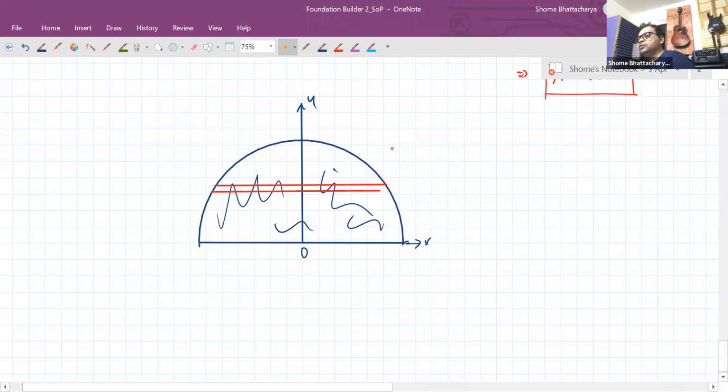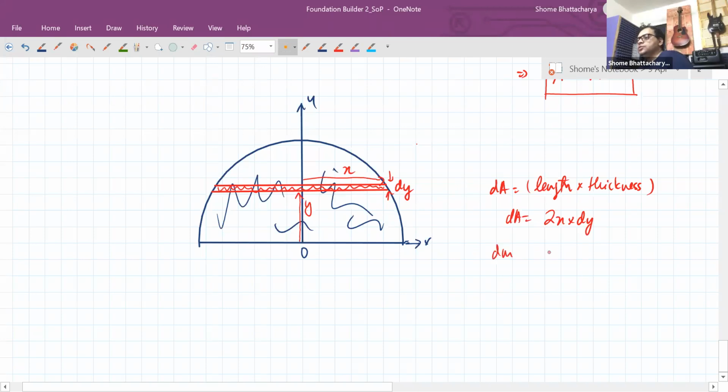So what we'll have to do is, at a position y, we take a strip of thickness dy, and if you take this length as x, you can see the length of the strip will become 2x. So that is going to be 2x into dy. So the area of that strip is so much.